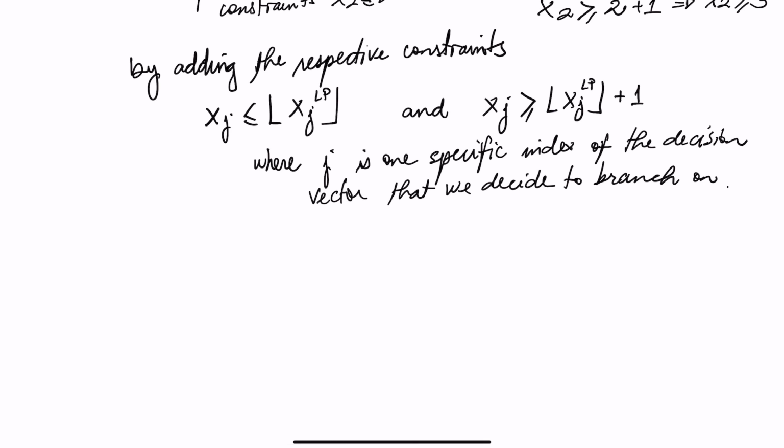So now we go to the second step of the branch and bound algorithm. And the second step is called the bounding step.